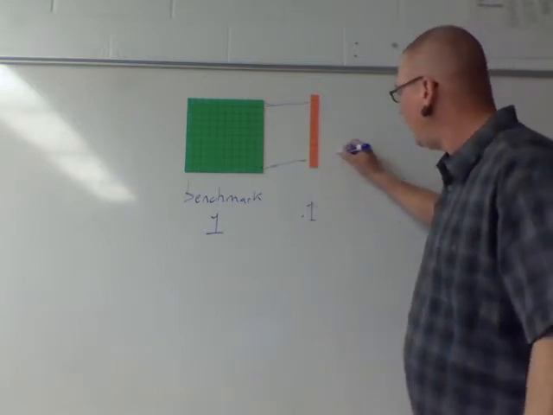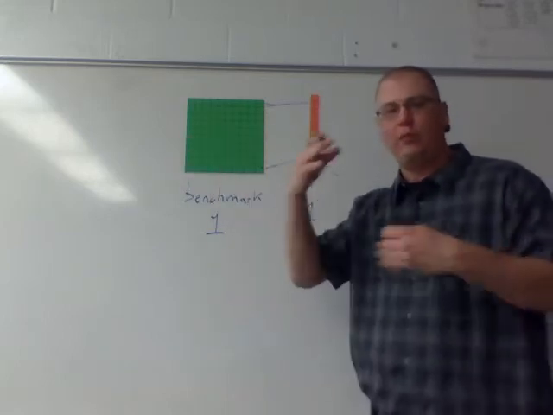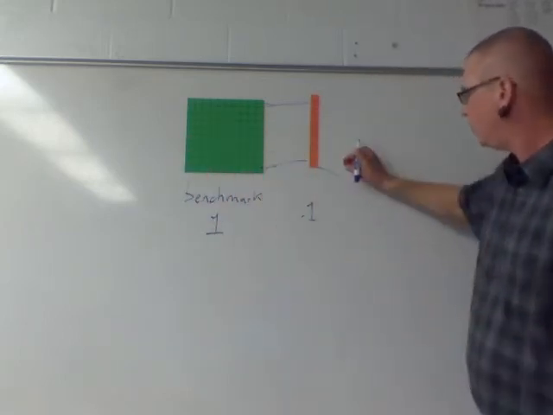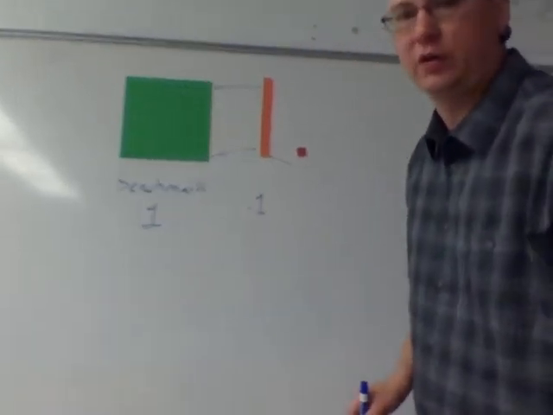So when we look at a tenth of a tenth, because we're going down in place value, so we're going down 10 times smaller each time we move down, a tenth of a tenth is going to be 1/100th.